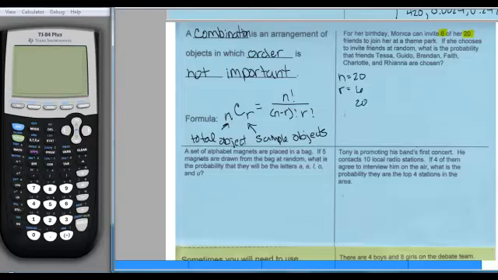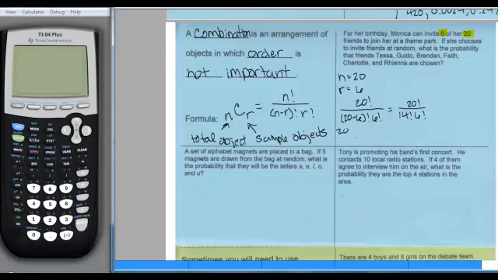So we have 20 factorial over (20 minus 6) factorial and 6 factorial, which is 14 factorial and 6 factorial. We're going to write 20 out until it gets to 14 factorial, and then write the 6 out, and cancel from there.